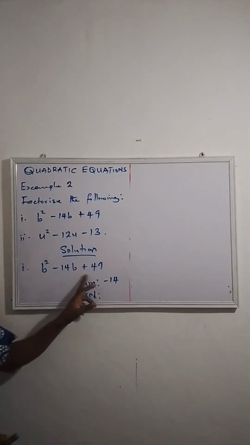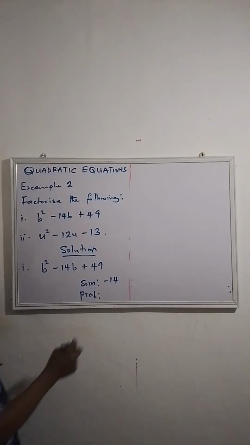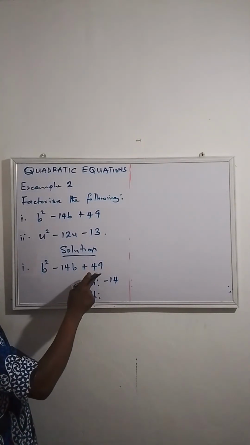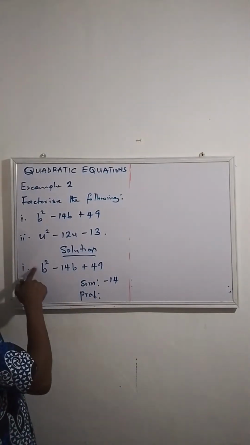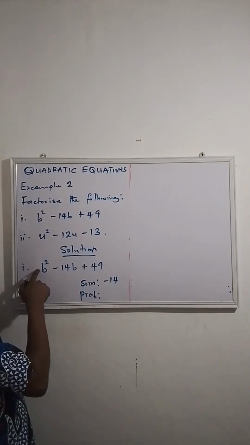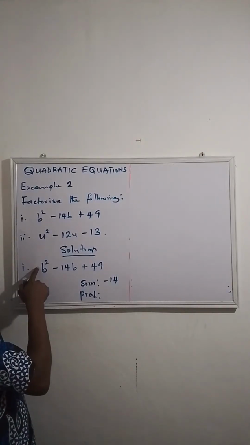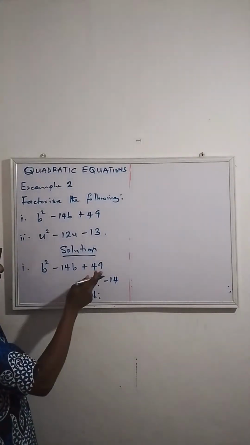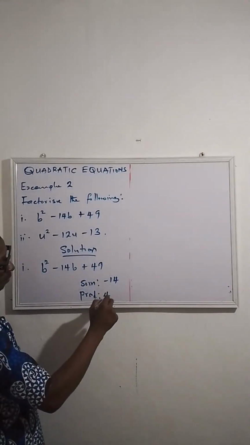While the product is plus 49, that's 1 times 49. Don't forget, don't just always pick this. You have to ensure that the coefficient of b squared here, or any variable squared, is not greater than 1. If it is, you just have to use it to multiply this. Okay, so we have 49.